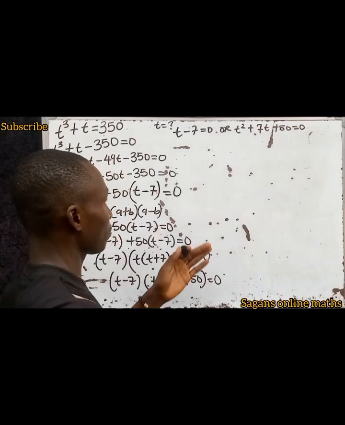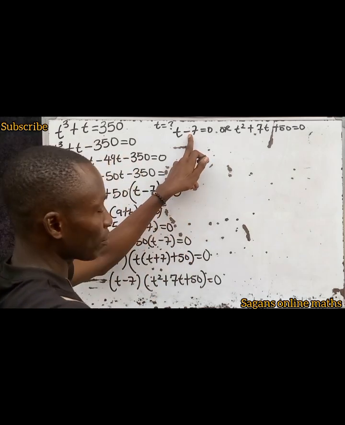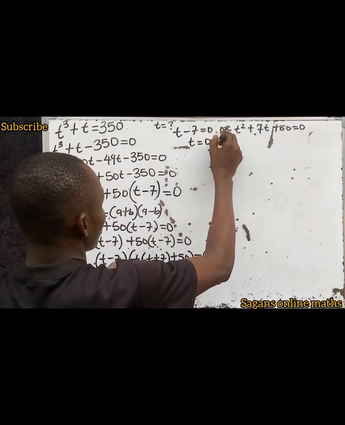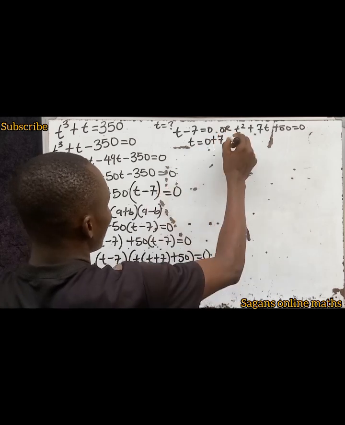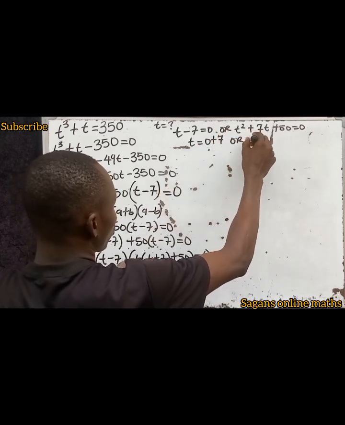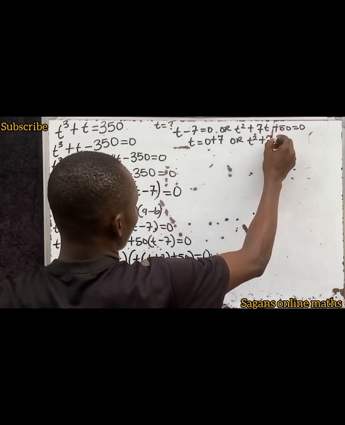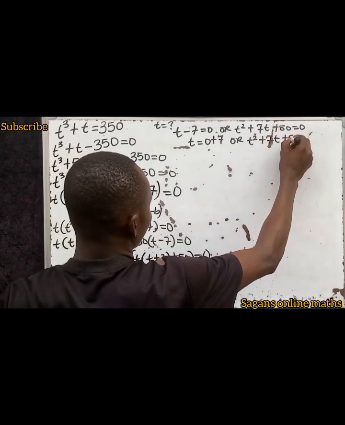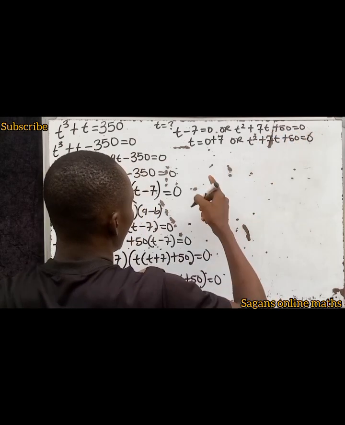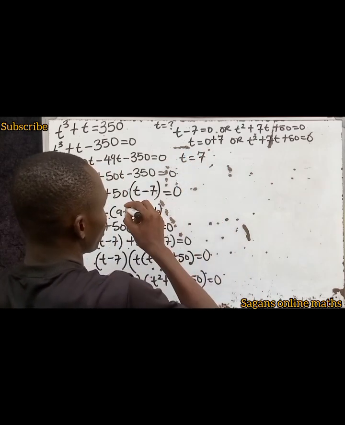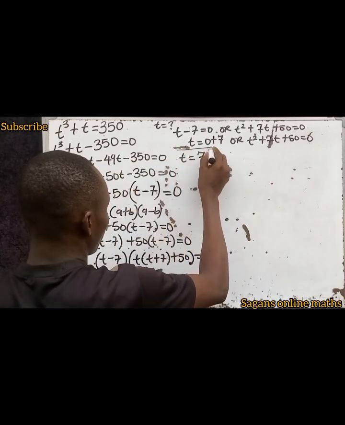This is a linear equation, and this is a quadratic equation. So we add 7 to both sides, that means t equals 0 plus 7. Now t equals 7; this is one of the solutions.